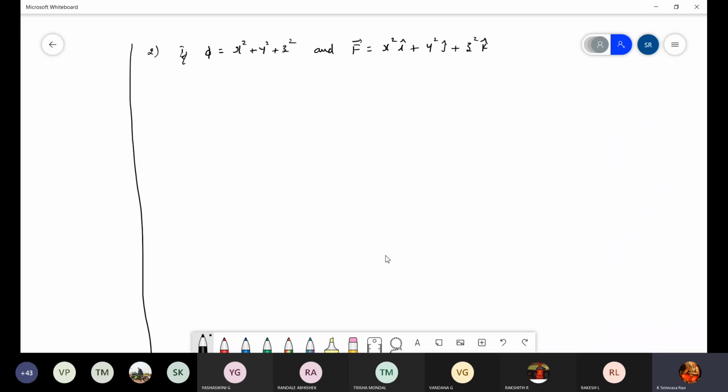This is a simple vector compared to the previous problem. Find del phi, del dot f and del cross f. Okay, so what do we have to calculate?